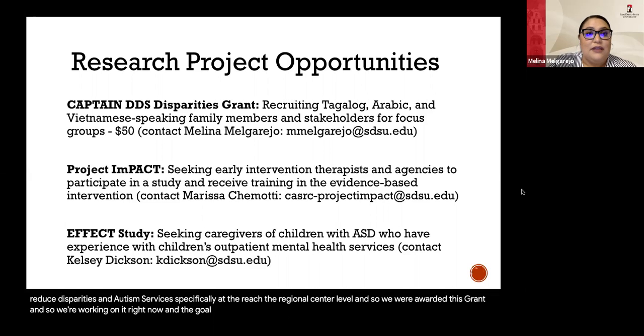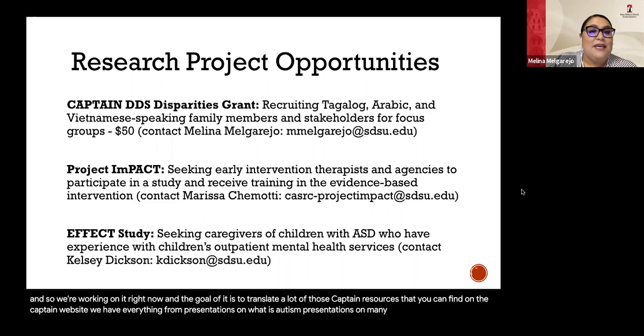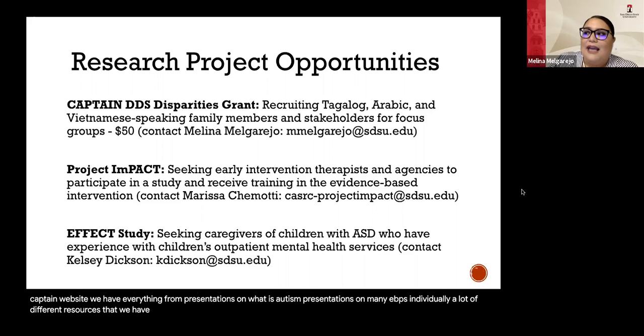The goal is to translate a lot of those Captain resources that you can find on the Captain website. We have everything from presentations on what is autism, presentations on many EBPs individually, and a lot of different resources. Some of them are available in Spanish, but really we want to expand. So the goal of the grant is to translate a lot of those resources into different languages for families and other stakeholders.